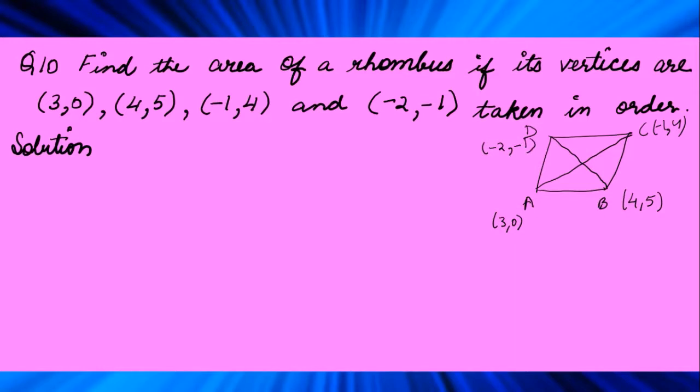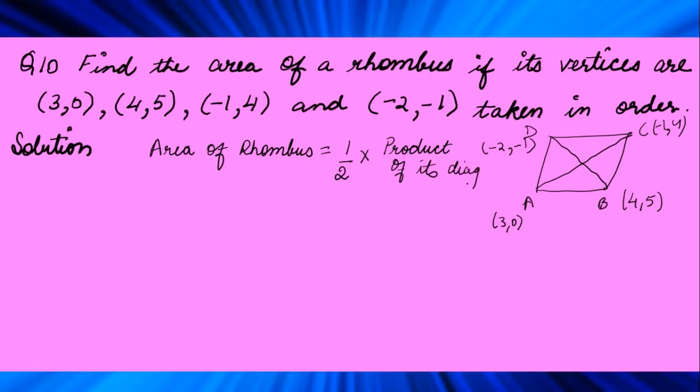Now first of all you should know what is the formula. Area of a rhombus is half into the product of its diagonals.